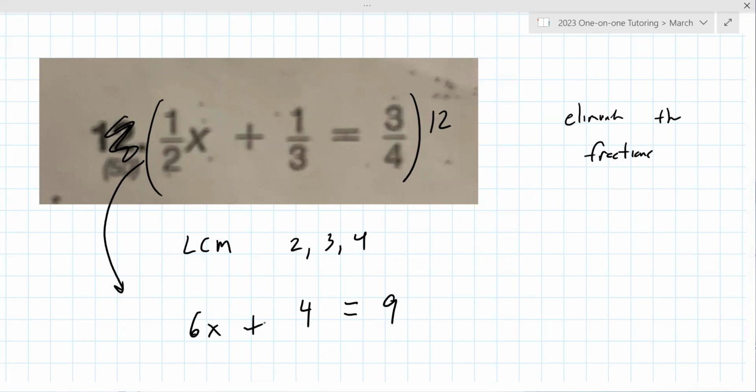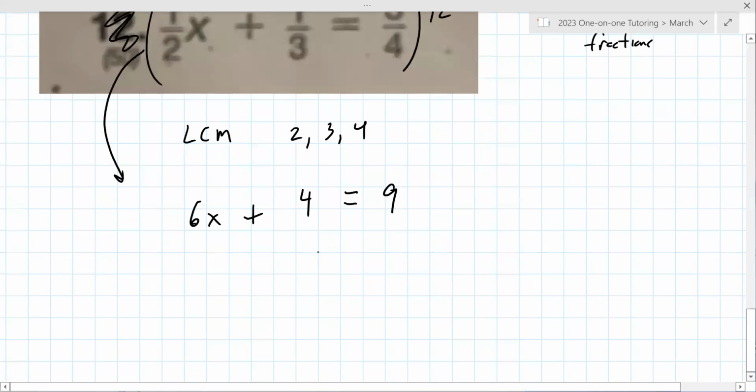Okay. I want you to solve this. 6x plus 4 equals 9. So is x 1? No. How do you get 6x equals 5 is my question. Okay, I guess it's been a while since you've done this. You're going to subtract 4 from both sides.